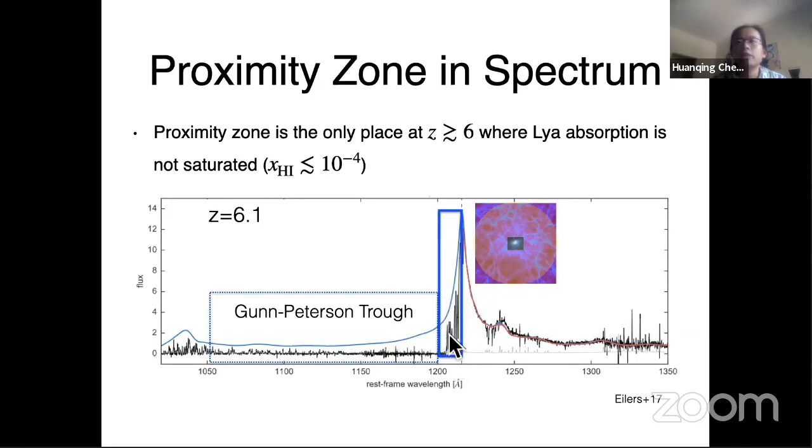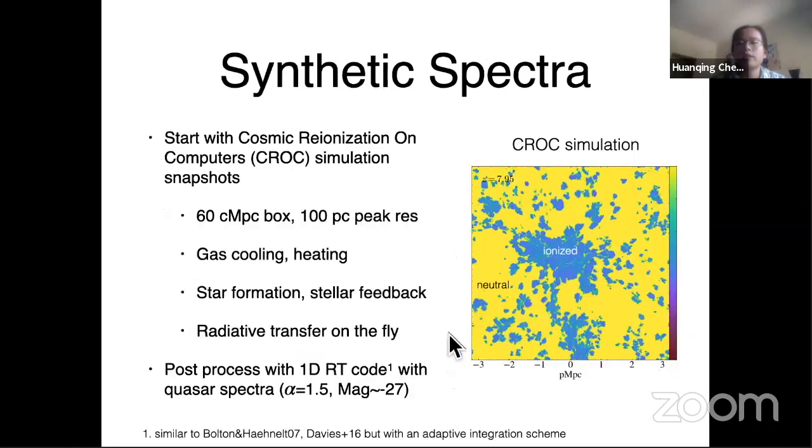In the future, we expect more and more high resolution spectra to be taken from these reionization epoch quasars, and this motivates us to analyze this region in more detail. So in this project, we study the proximity zone using synthetic spectra.